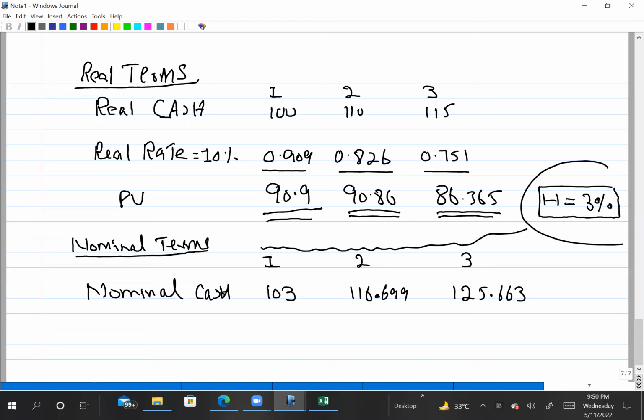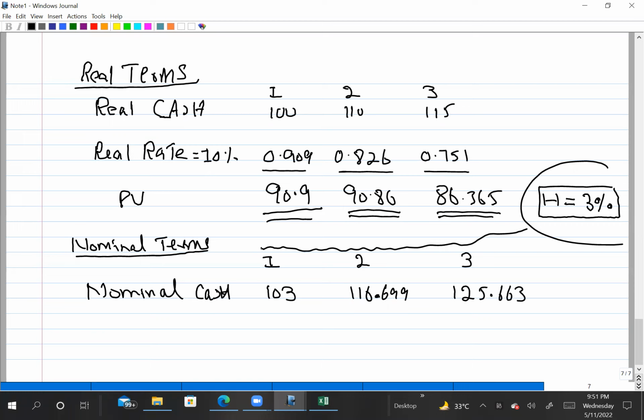So if we have nominal cash flows, then which discount factor will be used? According to Fischer, which discount factor should be used? Real rate or nominal rate? Students, if we have real cash flows, we use the real rate.